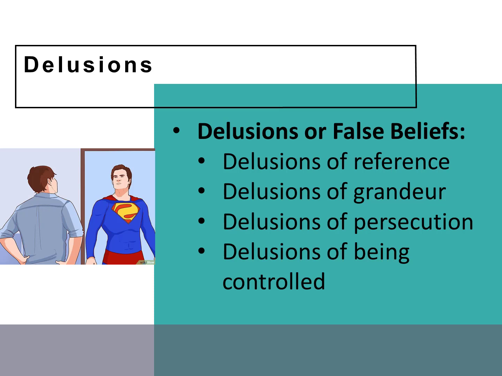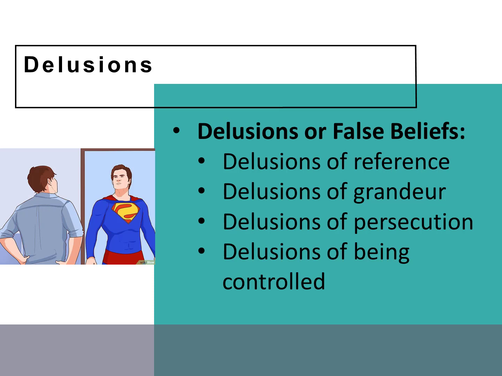Either they have some information they need to get to the government that can save the world, or they believe they're talking to God, and they say they're the reincarnation of Jesus Christ, and they're here to save humanity and whatnot. So that's delusions of grandeur.